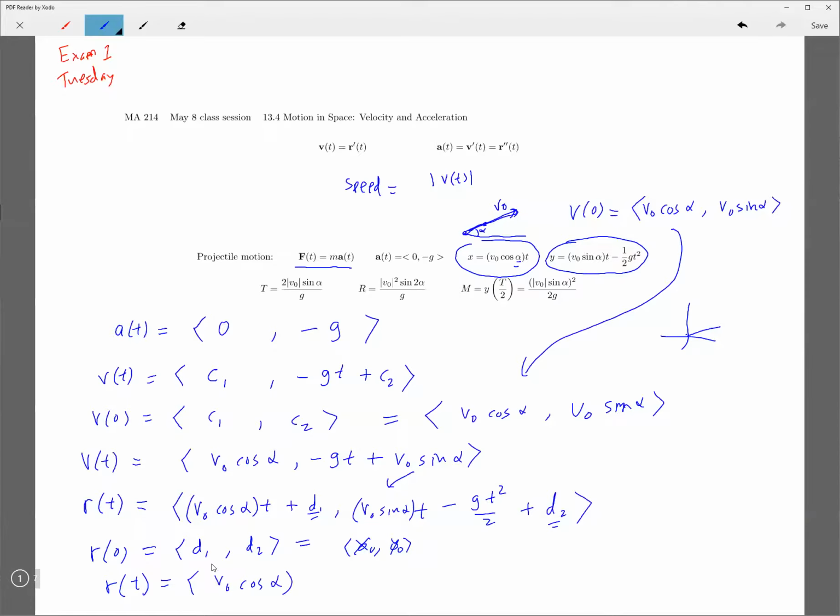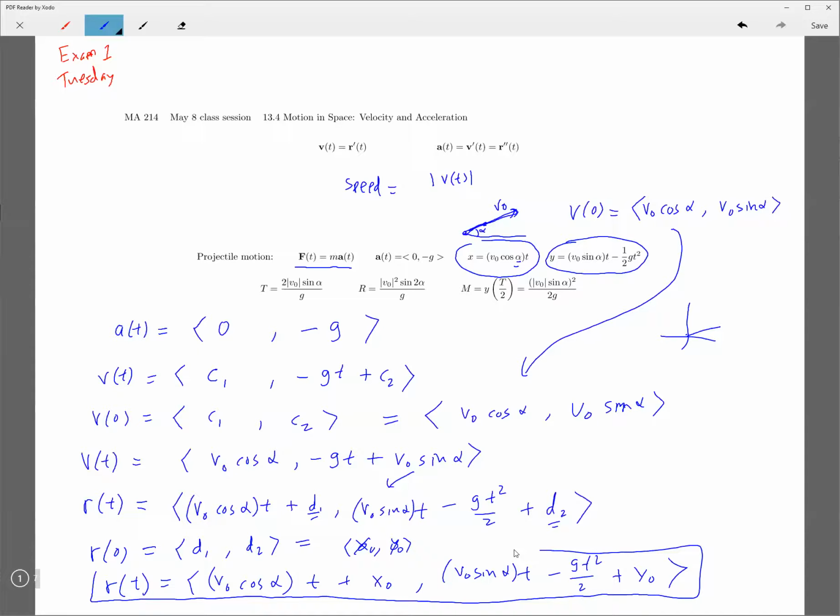So at any rate, you have something like this. This will be your initial x component. And this will be your initial y component right there. And this is going to be your path of motion.